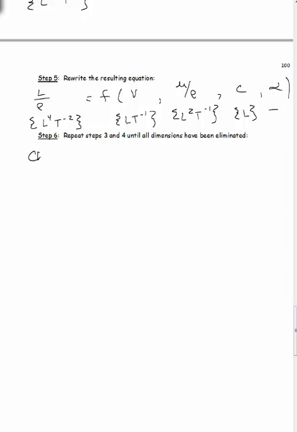This time I will choose L, and as my term on the right-hand side, well, C looks pretty easy, so let's go with C. Okay.